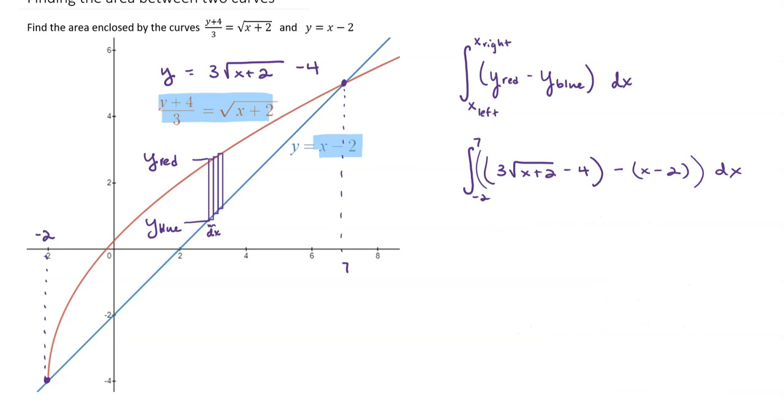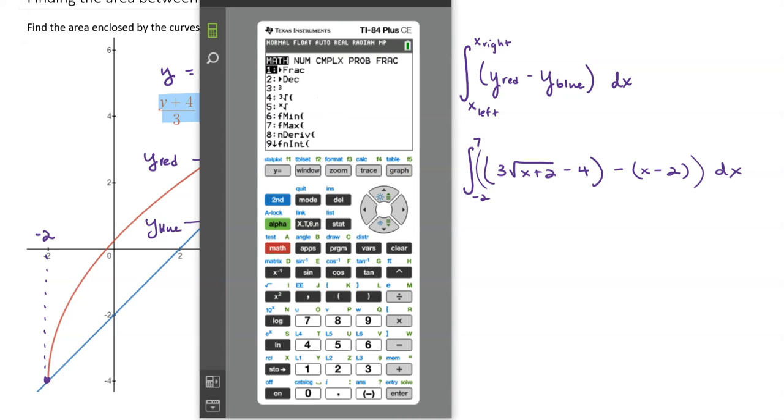Now all that's left is to evaluate this integral. This one can be done by hand, but it's pretty tedious, and normally when it's this tedious, you'd have your calculator do it, so let's do it that way. We do math and 9, and we want to go from -2 to 7.